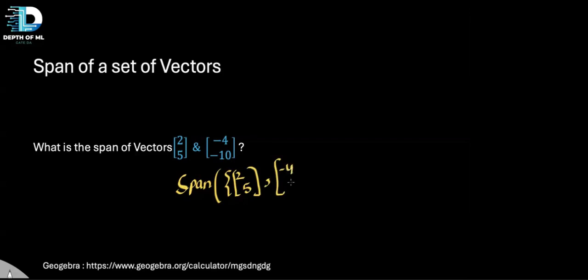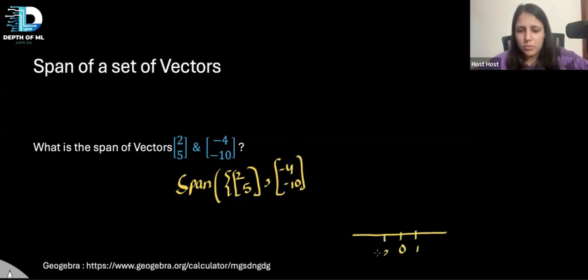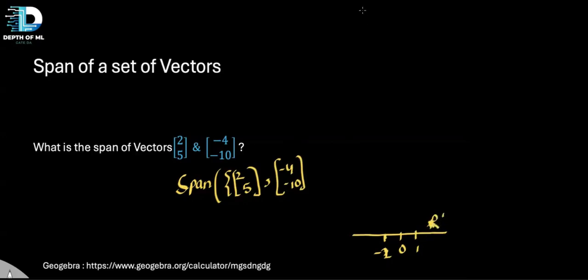No, sorry. R1 is basically this: R1 is 0, 1, -1. So this is not R1. So will it span R1? No, right? It spans a set which is a constant times the vector.